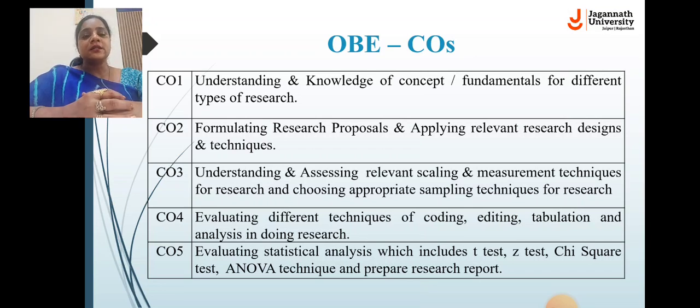There are different kinds of scales and different kinds of measurement techniques available. So what scale and what measurement techniques would be appropriate in what situation, plus what sampling tools or sampling designs are available for a researcher.